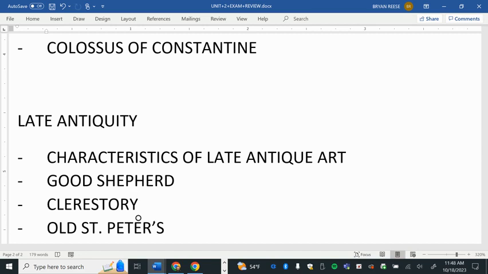You remember the clear story that we had in the library. Old St. Peter's was built right on top of St. Peter's grave. In the 1500s, it was torn down and new St. Peter's was built, bigger and better and more magnificent than ever. Old St. Peter's was the biggest church built at that time.